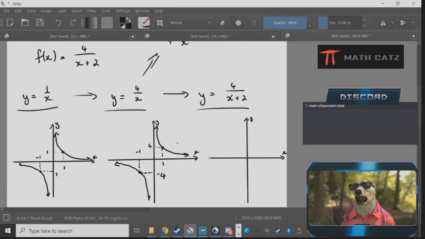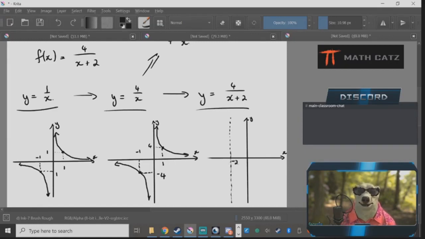There's evidence. Now I replace x with x plus 2, which means I shift everything to the left by 2 units. And now the vertical asymptote that sat at the y-axis becomes visible. We'll put it over here and now sits at negative 2. That's an ugly -2.